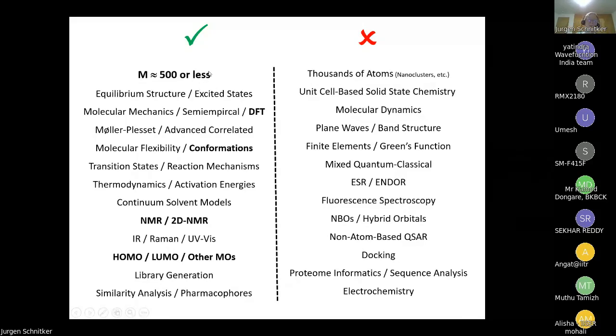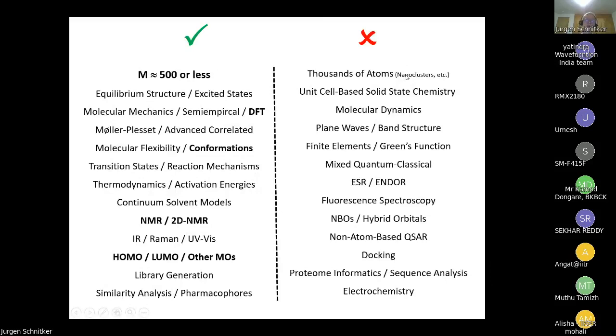So Spartan is a molecular modeling program where you'll be fine with hundreds of atoms, thousands of atoms. So brute force nanochemistry won't work. The program will show you the model, but you cannot do a lot of inquiry. That doesn't mean you can't do nanochemistry.